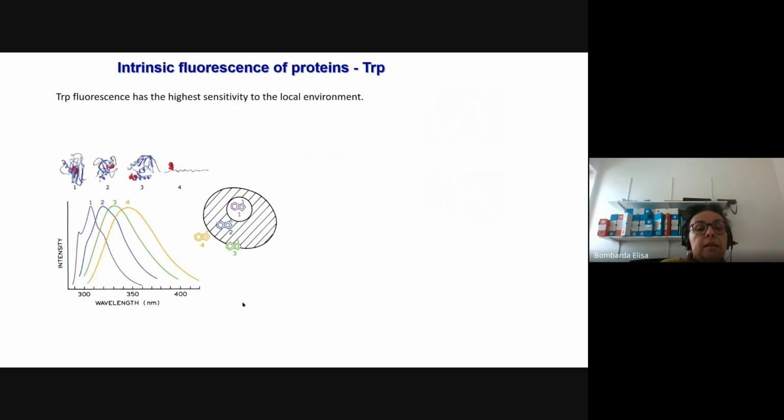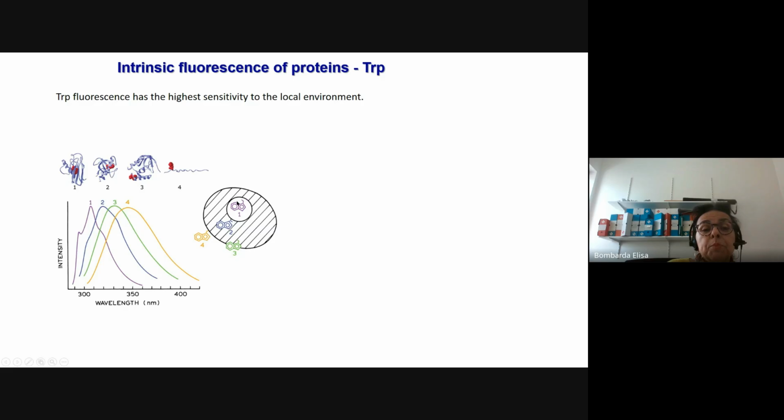As I said, tryptophan has the highest sensitivity to the local environment, and in some respects we can use it as a solvatochromic probe, which is polarity sensitive. That's an example, and the color code helps to read the picture.